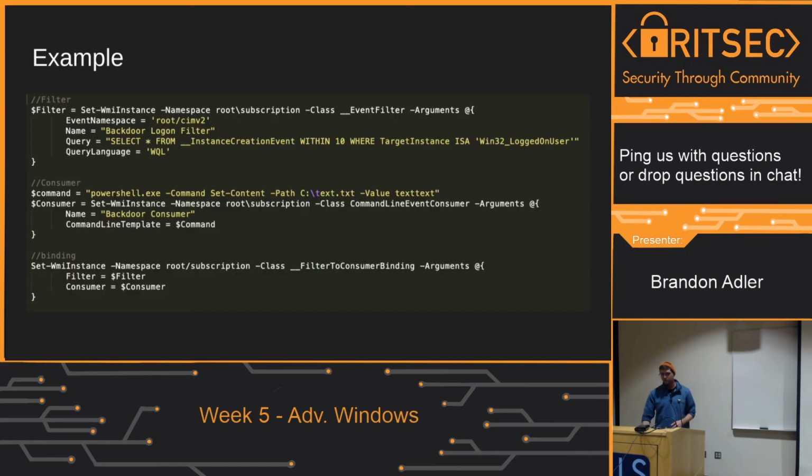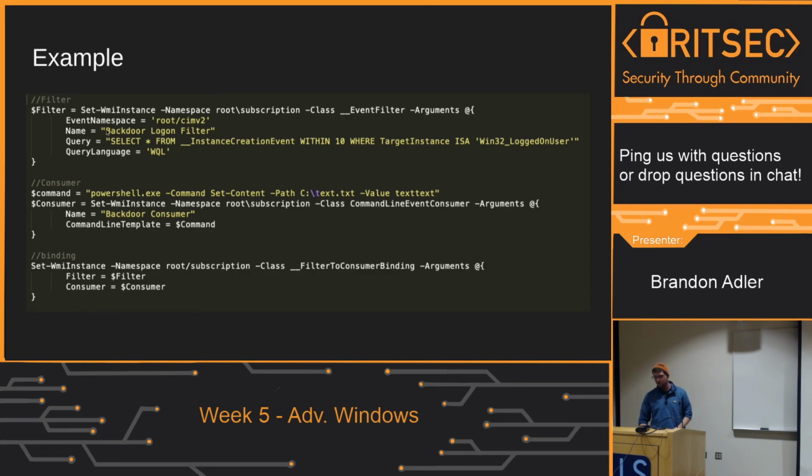So in this example, we have a filter, a command that we want to run, the consumer, and then just the simple binding between the two. You can do all this in PowerShell as well, and they make a nice command list for it.